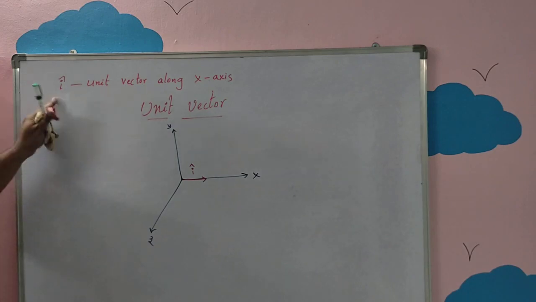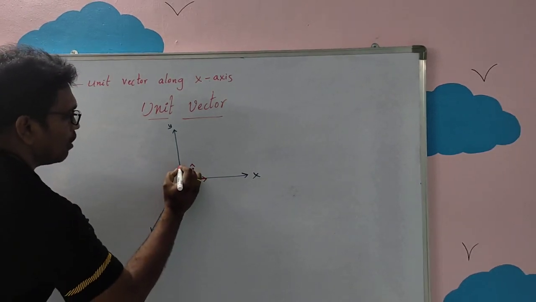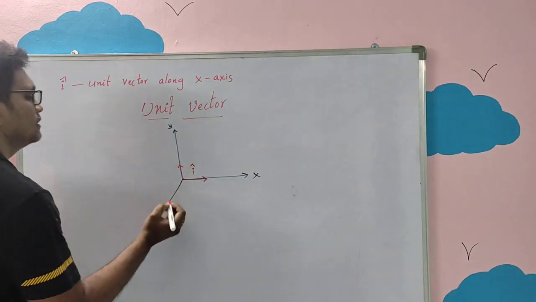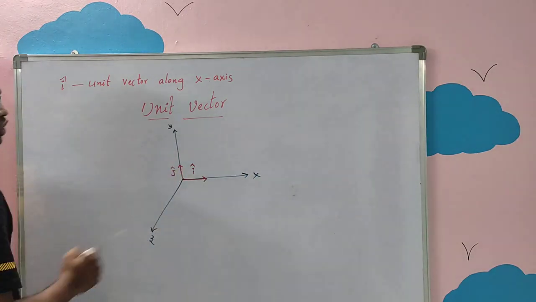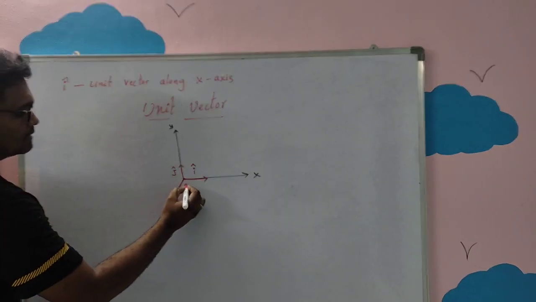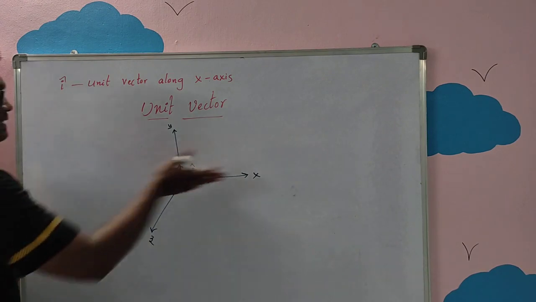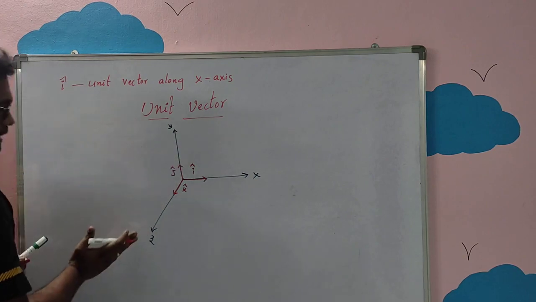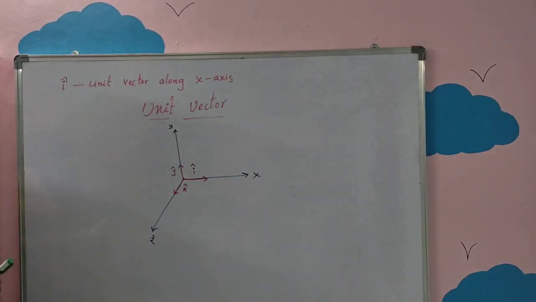In the same way, if you want to represent any vector along the y axis, you can represent it with j cap. In the z axis, the unit vector symbol we will take as k cap. So i cap, j cap, k cap are unit vectors along the x direction, y direction, z direction, or along the x axis, y axis and z axis.